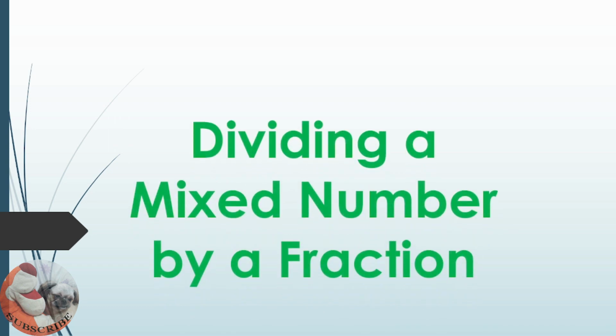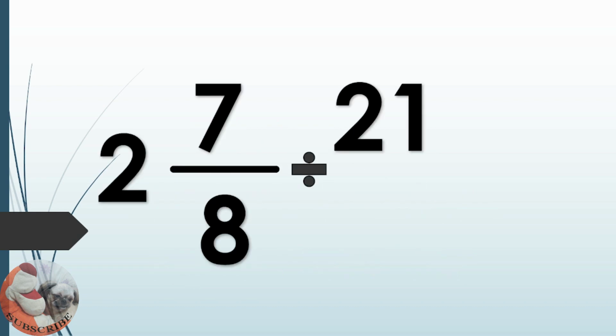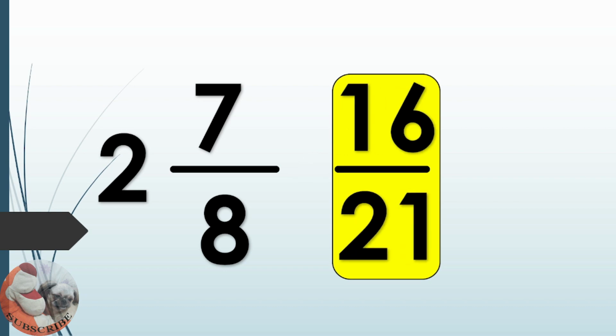Next, dividing a mixed number by a fraction. So let's have an example. 2 and 7/8 divided by 21/16. First, you have to get the reciprocal of the divisor, which is 21/16. It is 16/21.